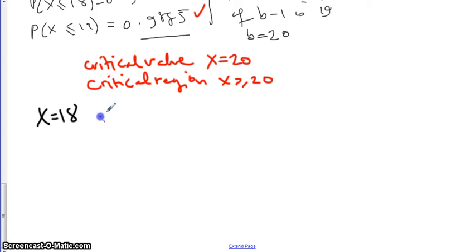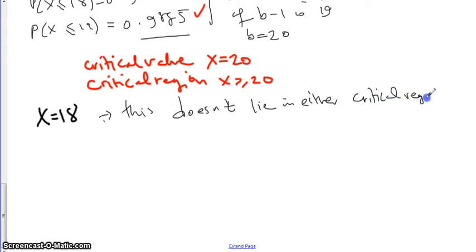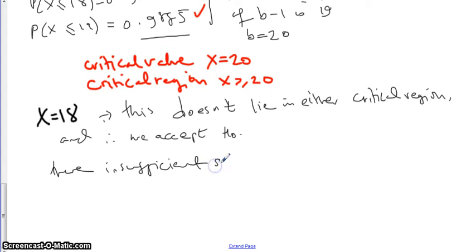So we'll just say this doesn't lie in either critical region, and therefore we accept H0, and we can conclude that there is insufficient evidence to suggest that the new system has changed the next day.